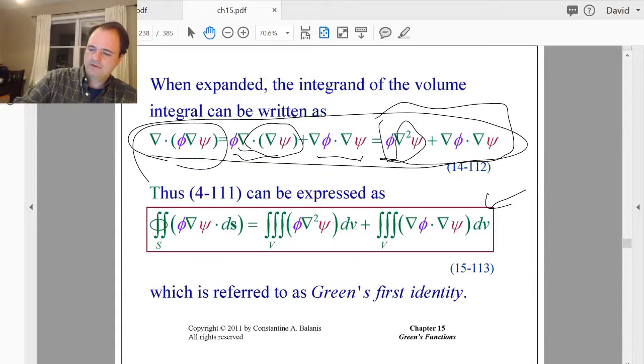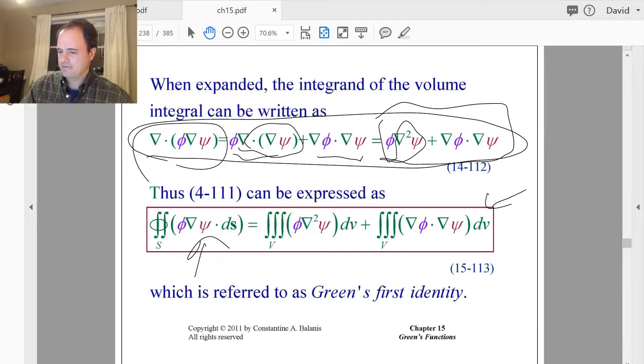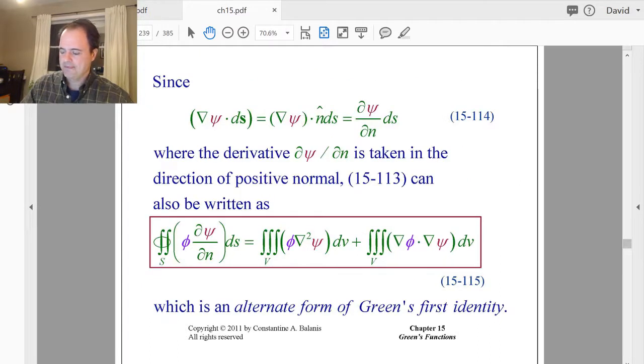Well, we can also look at this a little bit more. We can say ds, so we have a vector dotted into ds. That ds has a normal vector n hat. So by dotting this with n hat, that gives the directional derivative in the direction of the normal vector of the surface that we're on at that point in the integration.